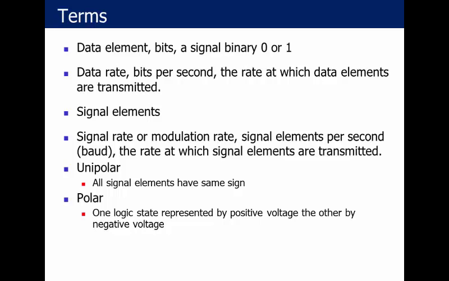What that means is that your device generates from 0 volt to 1 volt, 5 volt, 10 volt, 15 volts, all positive voltages, then that is a unipolar system. If it is polar, then positive and negative. One logic state is represented by a positive voltage, the other by a negative voltage, right?